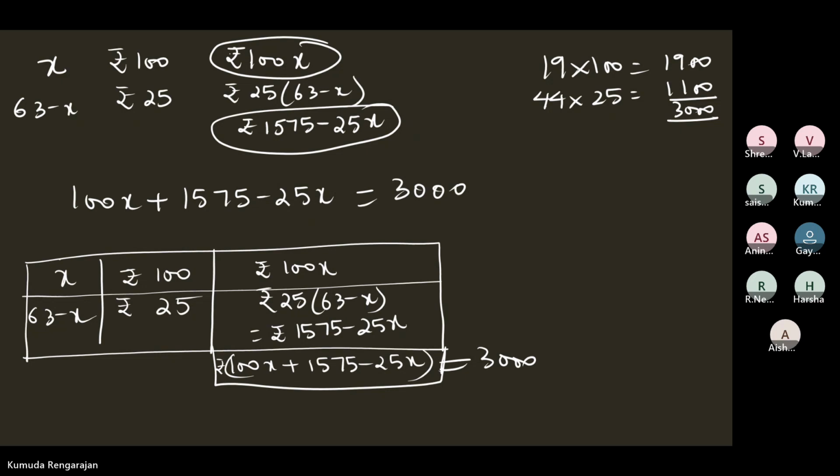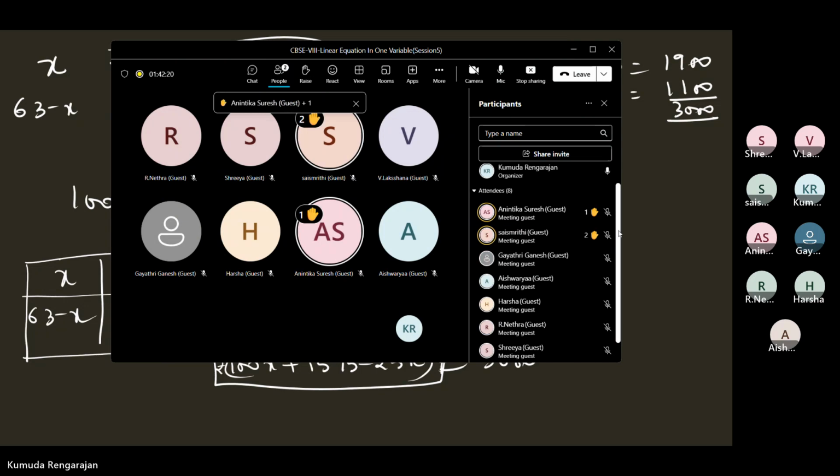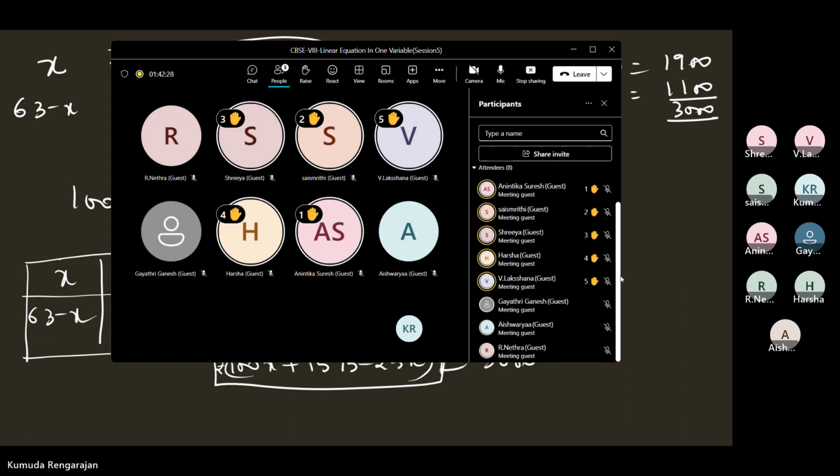Correct, children? Yes, ma'am. Okay. Class, use the emoji, raise your hand. Anantika, Sai Smriti, Shreya, Harsha, Lakshana. Netra. Gayatri is there.